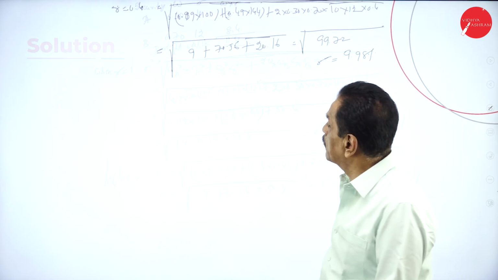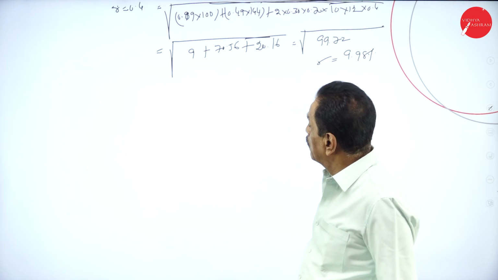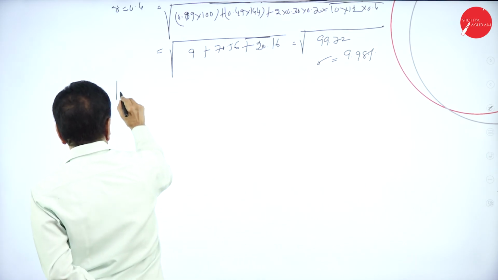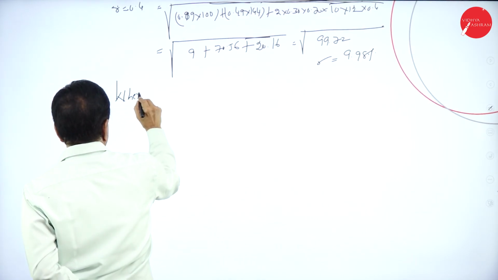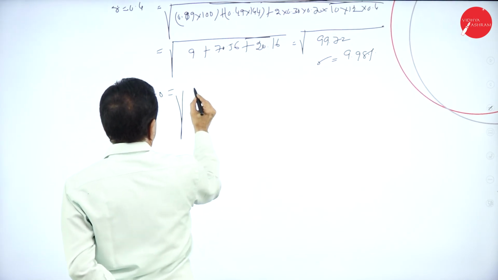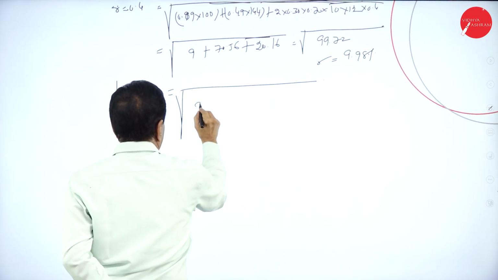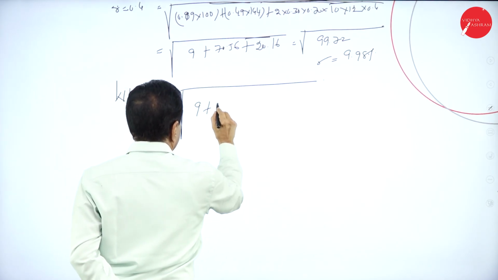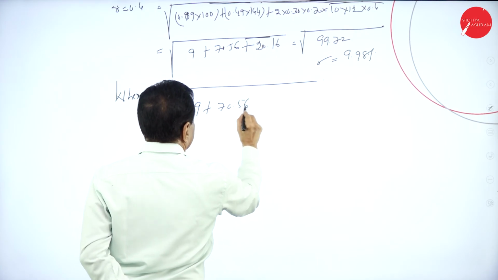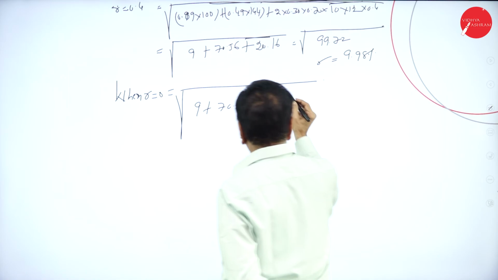Last one, when R is equal to 0. Same answer. First one, same, 9 will come. Second one, 70.56, same answer will come. Anything multiplied by 0 is 0.